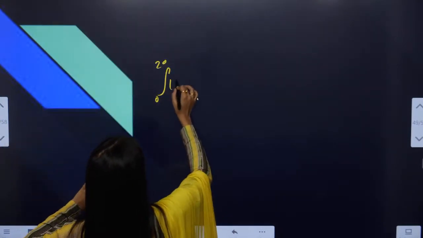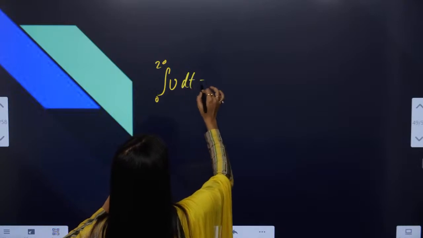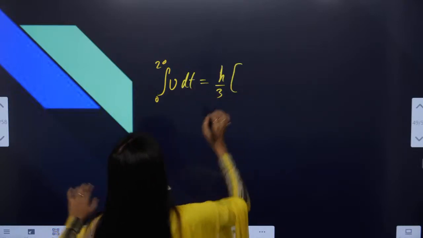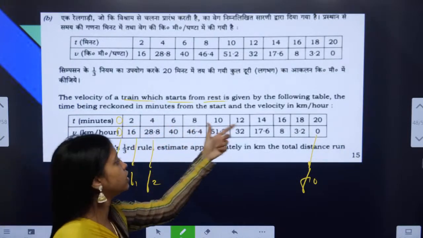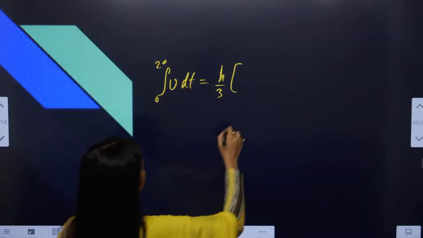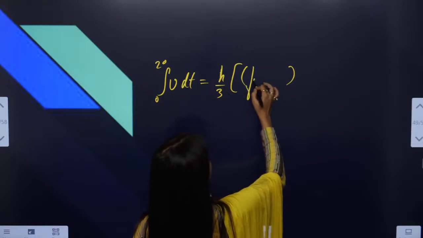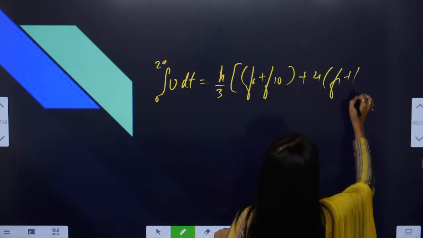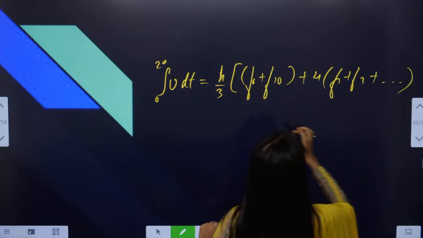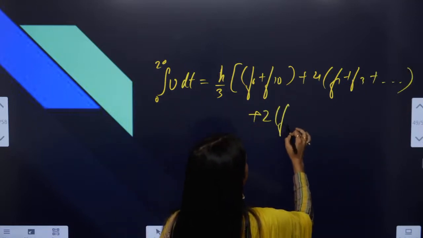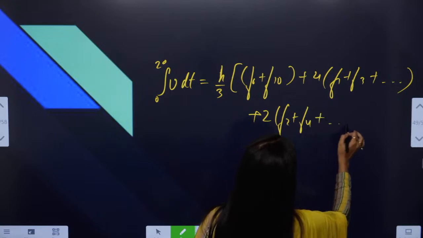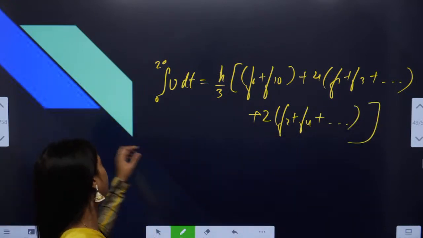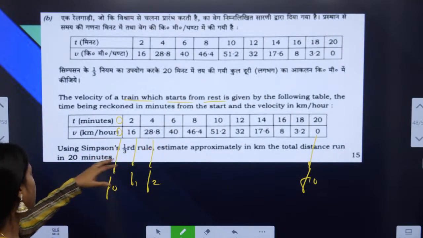The velocity integrated in terms of dt becomes h by 3, where h is 2, times f0 plus f10, then 4 times (f1 plus f3 plus and so on, see the last number), and 2 times (f2 plus f4 and so on, see the last number). Done. Okay, just apply the formula. These are the values from the question. Do the calculation.